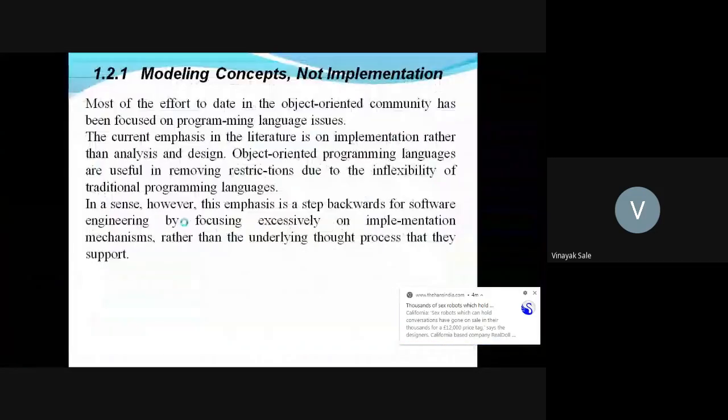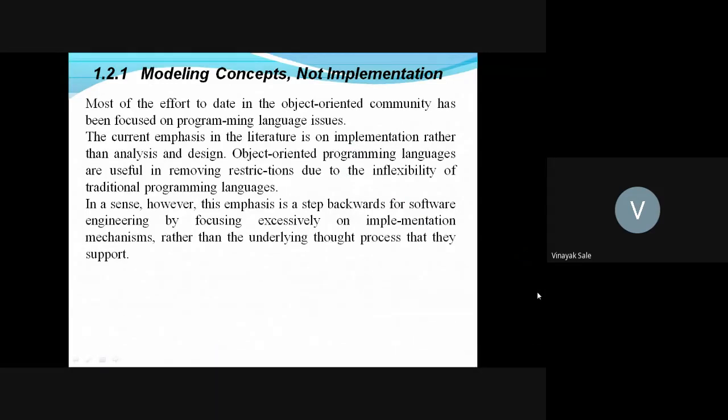Most of the effort to date in the object-oriented community has been focused on programming issues. So the current emphasis in the literature is on implementation rather than analysis and design.